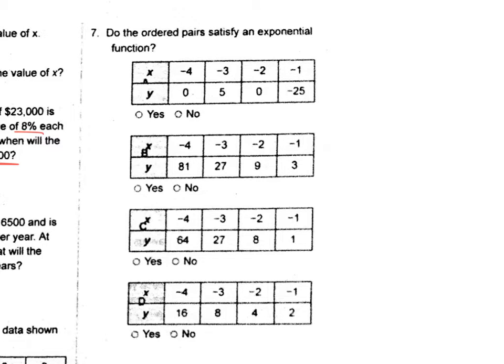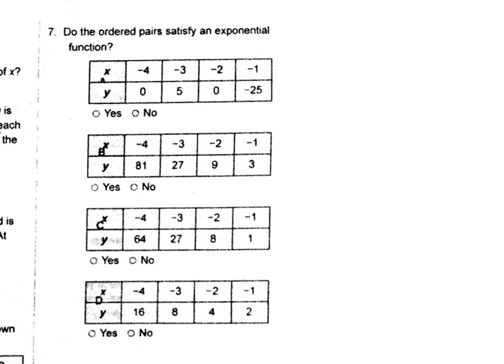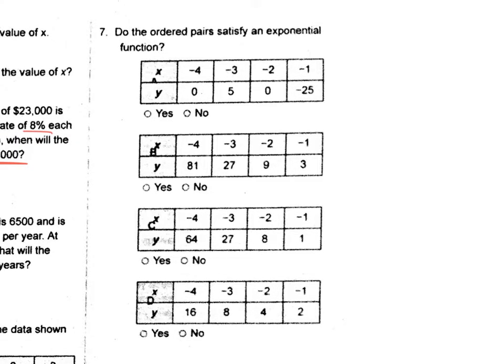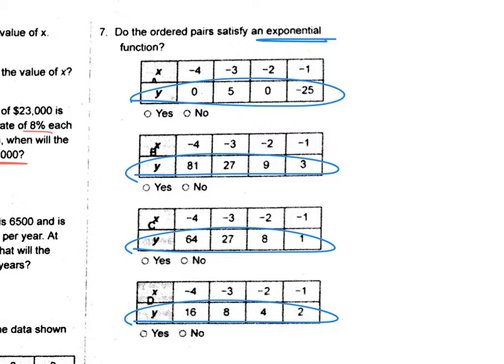Okay, we're getting close. So this is saying which of these are exponential or show exponential. So remember, the x's are just telling me the term number, so I'm really just focusing on the y parts of all of these. That's the only part that I really care to look at. And I'm trying to determine which of these are exponential, which means a pattern of multiplication or division.